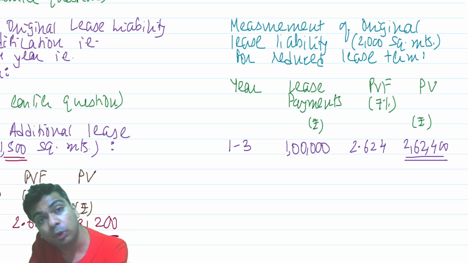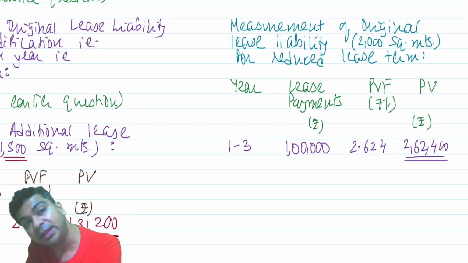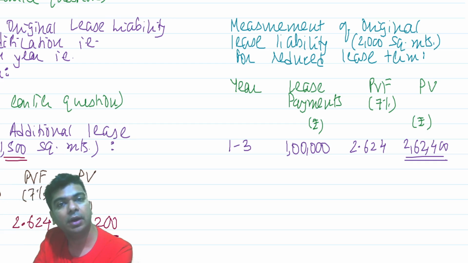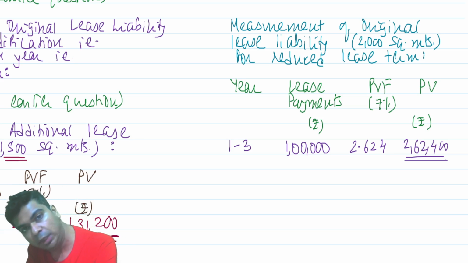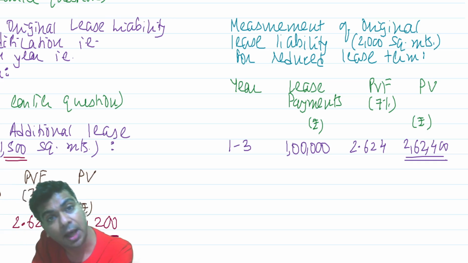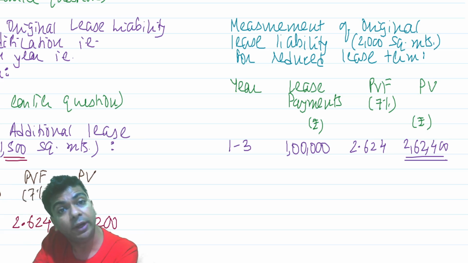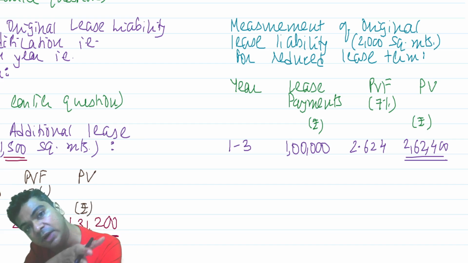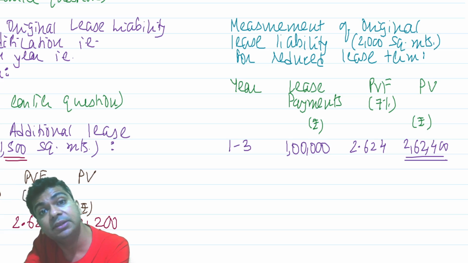Our original ROU asset for 2000 square meters is 7,36,000. 5 years have already gone by. So for 5 years, you must have provided for the depreciation. So we will deduct that depreciation. Then we will get the carrying amount of the ROU asset for the remaining 5 years. But now we are not going to depreciate the ROU asset over the remaining 5 years. We will depreciate it over remaining only 3 years.